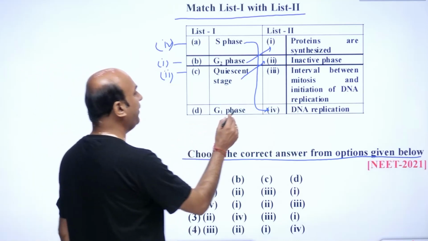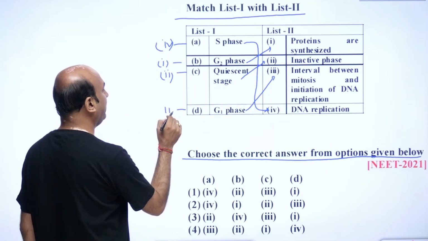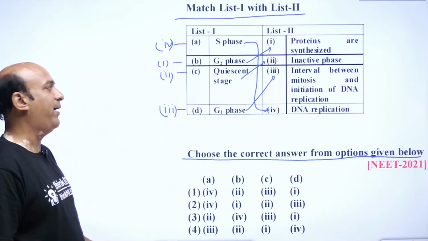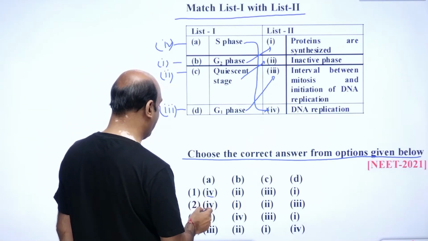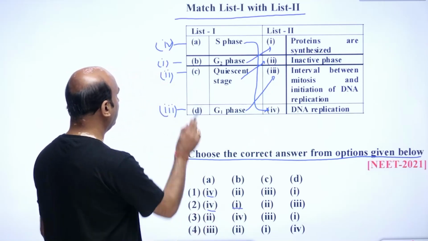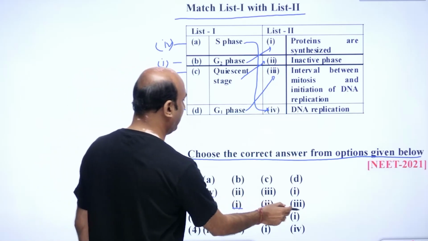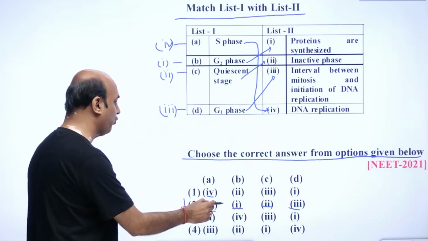So D is matching with 3. Now let us look at which option is correct in this manner, where A is 4. A is 4 in option number 1 and 2. B is 1 in option number 2. C is 2 in option 2, and D is 3 in option number 2. So student, the correct answer is option 2.